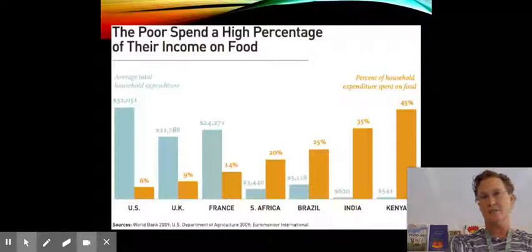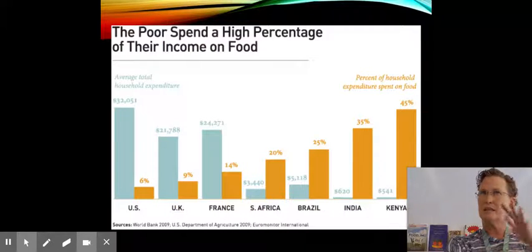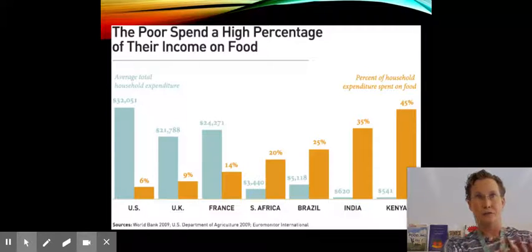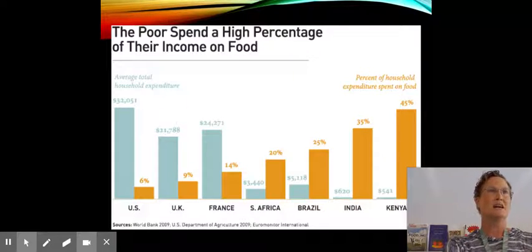And what's interesting too, and seems like a bit of an oxymoron, but the poor spend the highest percentage of their income on food because that is what they need the most. So in the United States, the percent of household expenditures on food is 6%, but in Kenya, it's 45%.